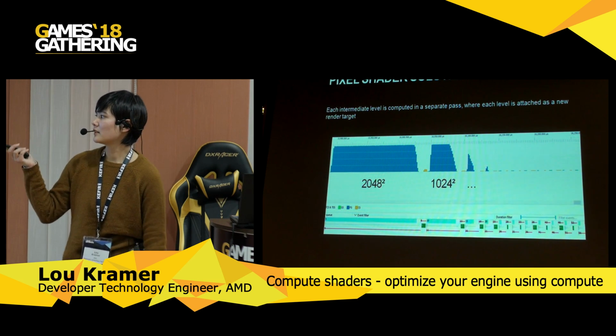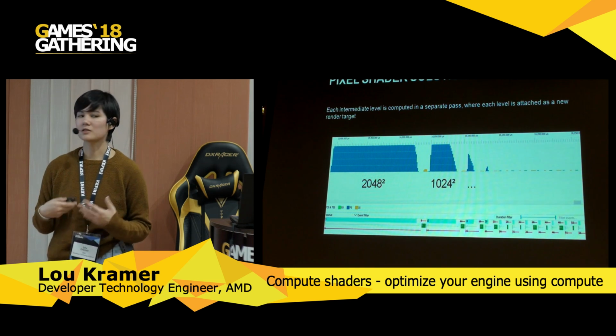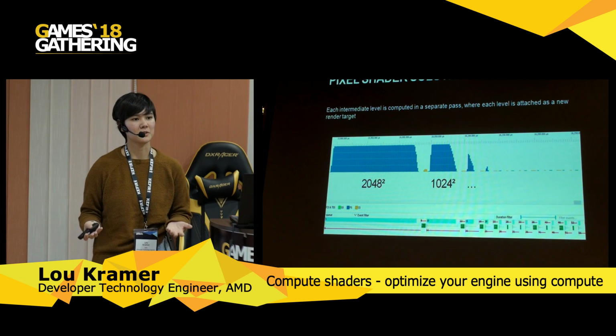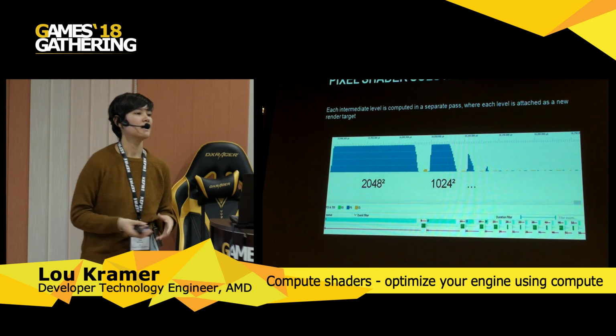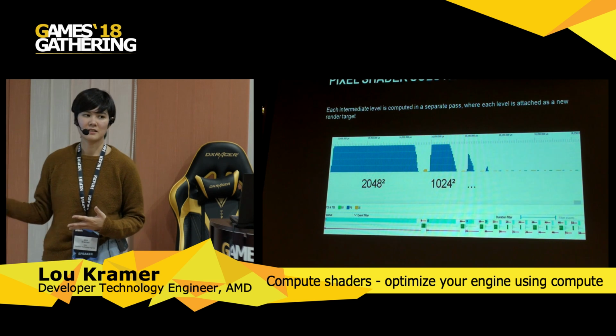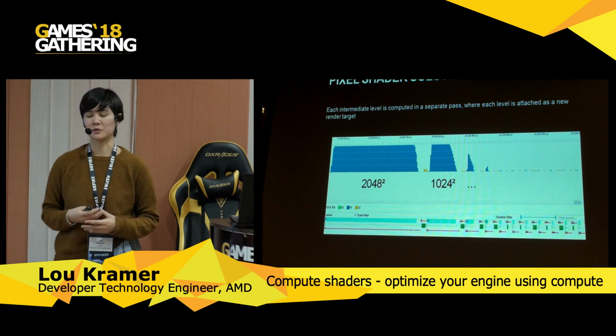And then you see the next pass, 1024, again, we have a lot of work in flight. It's not that long anymore, because obviously the texture got already smaller, so we have fewer pixels to compute. And this holds for each new intermediate level. We have less and less work to do.